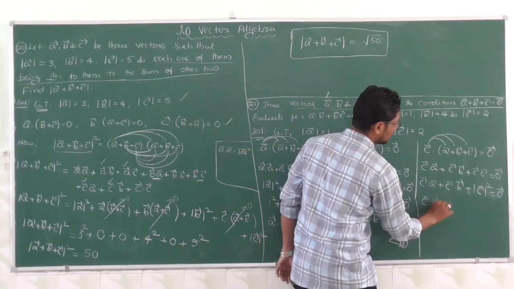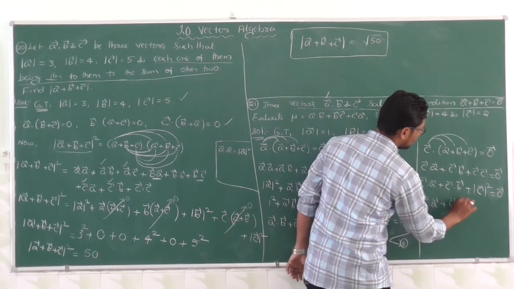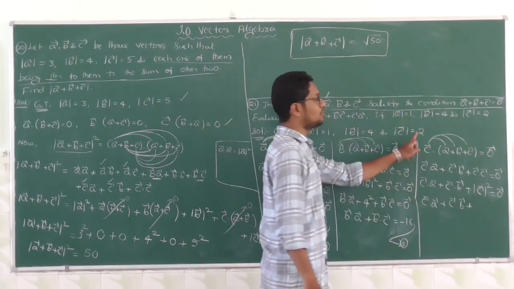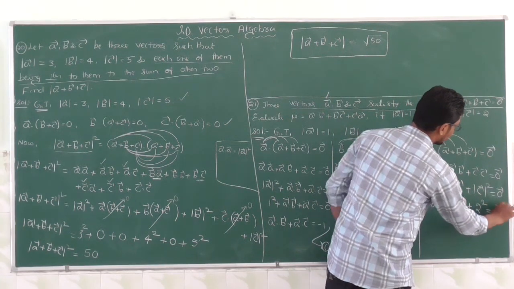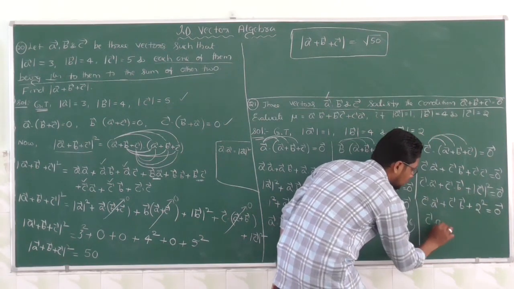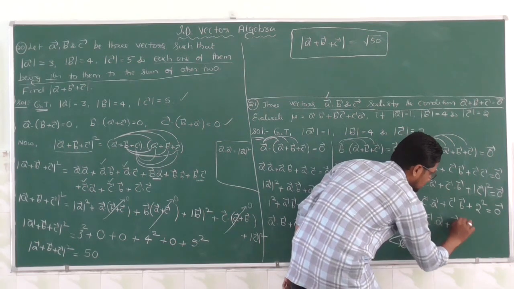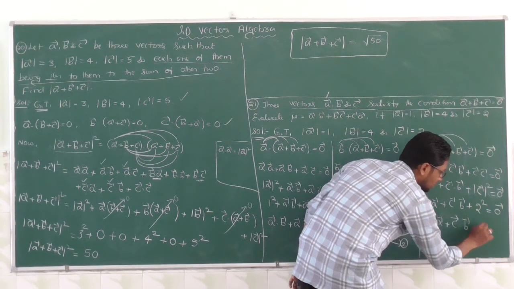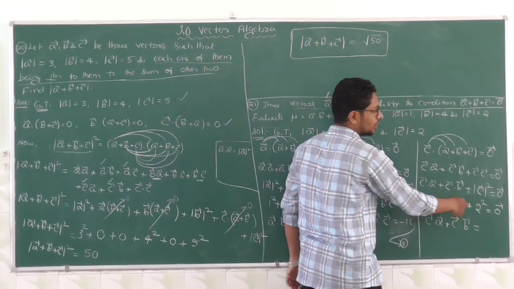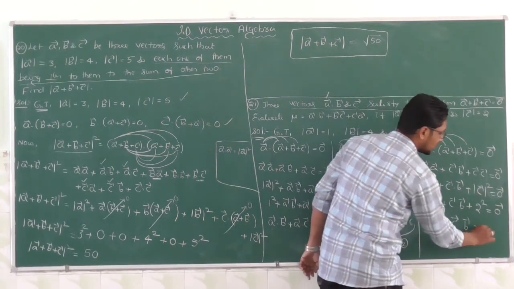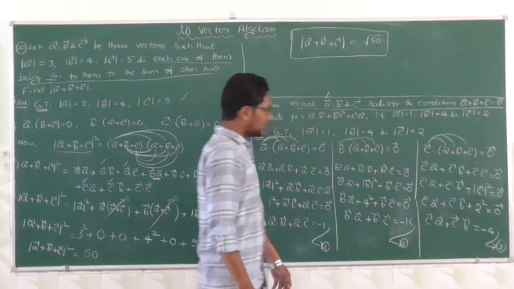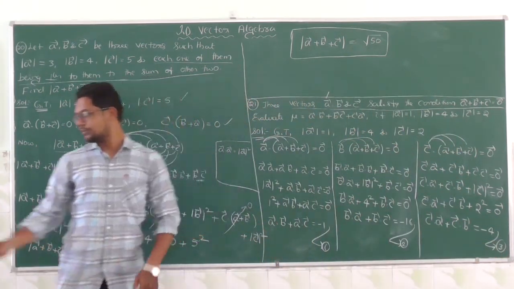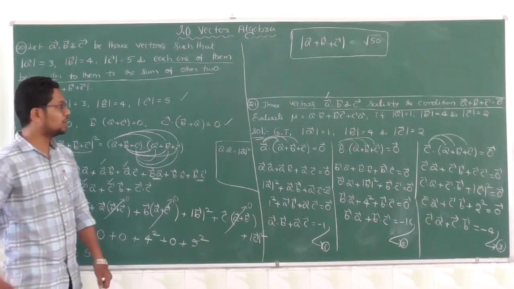C dot A plus C dot B plus magnitude of C, how much? 2, that is 2 square, equals to 0 vector. Next, C dot A plus C dot B equals to, this 2 square is how much? 4. Send that 4 to the right, that will be minus 4. Call this equation number 3. Hence, we found equations 1, 2, 3.